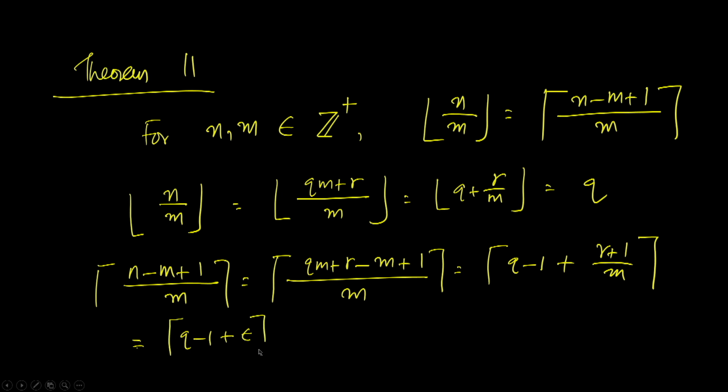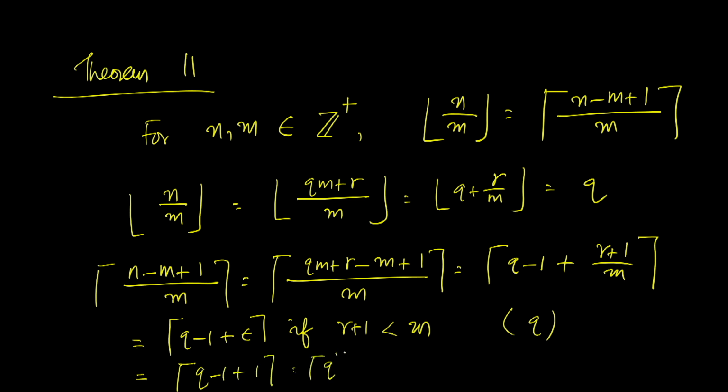R plus 1 by m is less than 1 when r plus 1 is less than m, and therefore this quantity will be q. This would be ceiling of q minus 1 plus 1, which is the ceiling of q, which is again q, if r plus 1 equal to m.